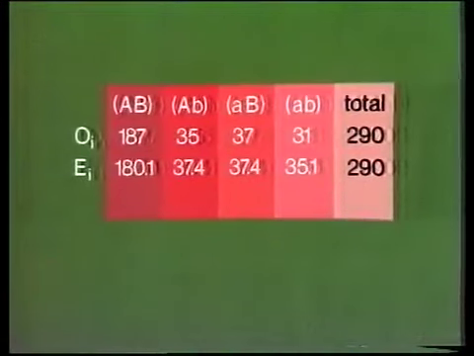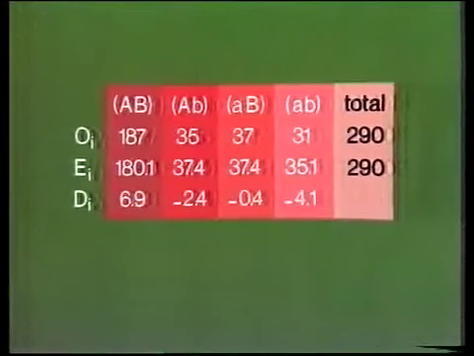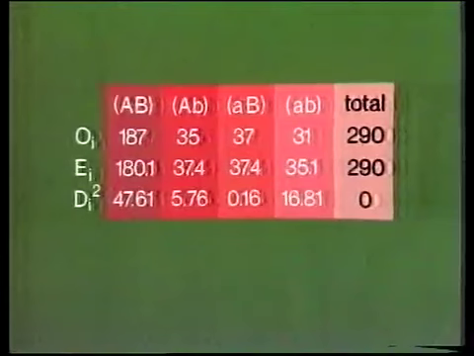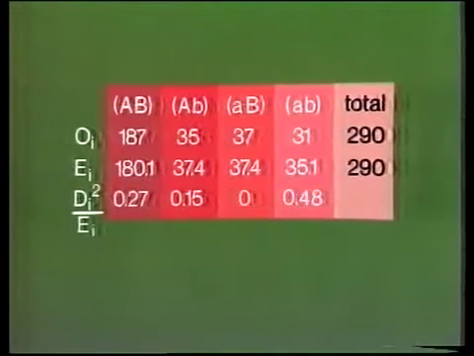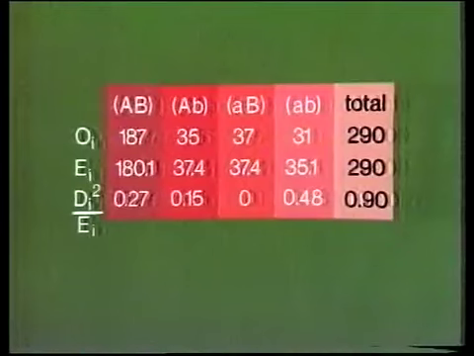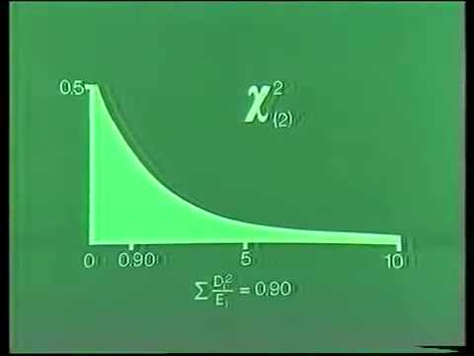So let's work out the differences. There they are. Now we square them and then divide by the expected values. Then we add these four values to give our measure of goodness of fit. It's 0.9. This value of sigma d squared over E is so small, it's clearly going to be well within the main mass of the chi-squared distribution with 2 degrees of freedom.